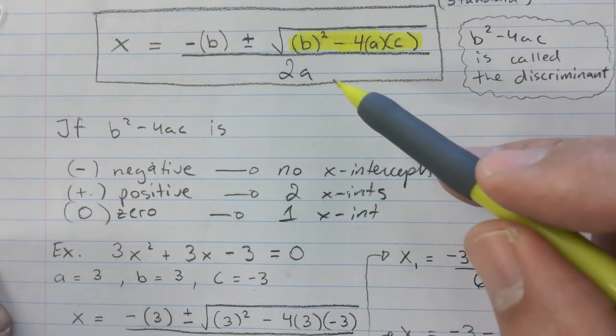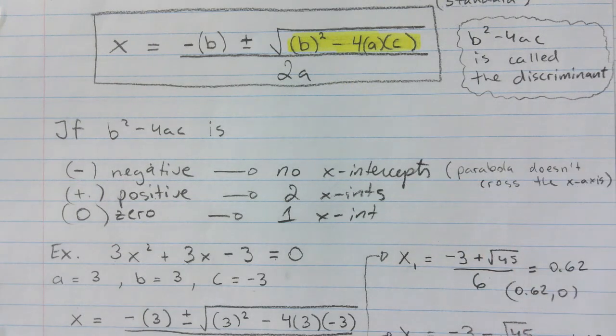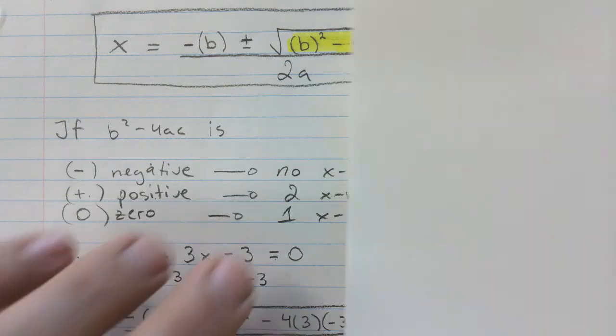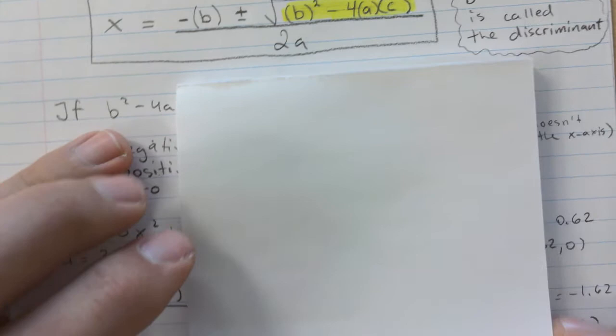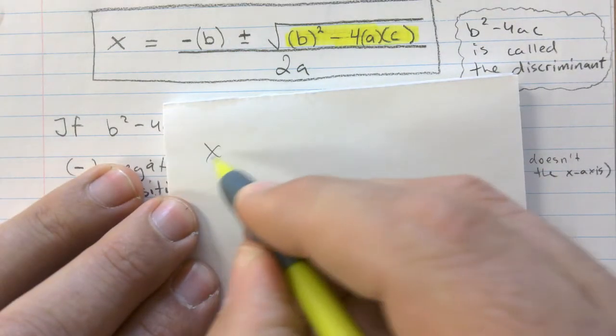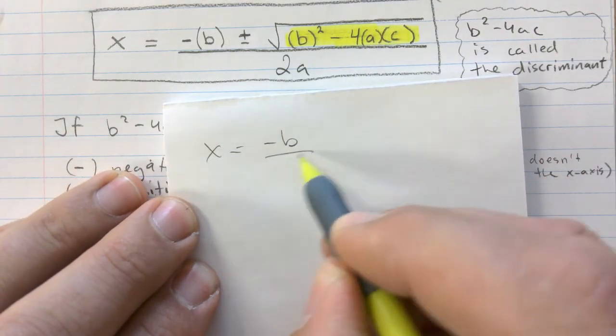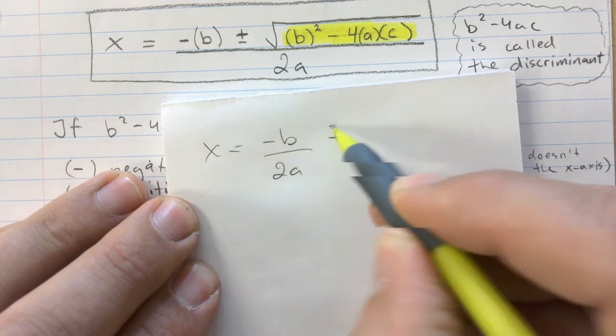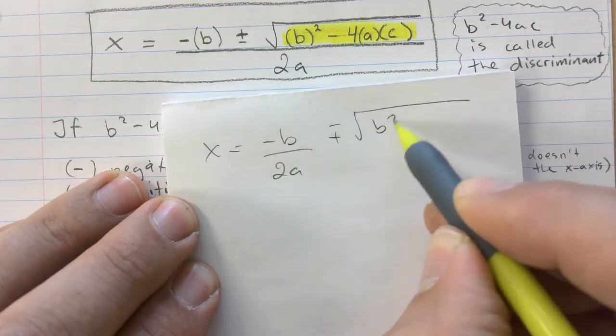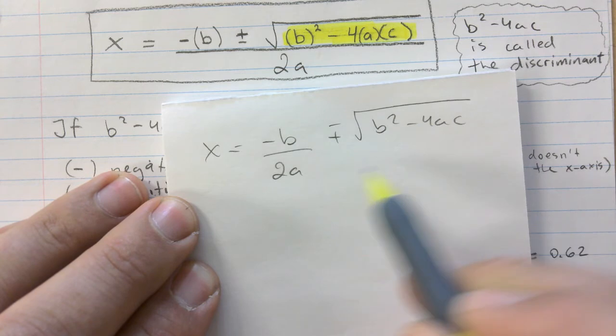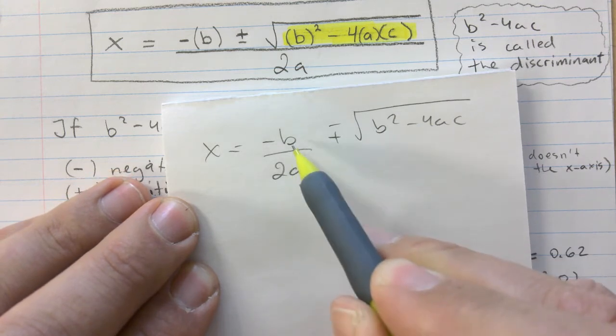I see a lot of students doing, I'm going to take a sticky or something. One common mistake I see is students having it like this. Like they just have the 2A under the B for some reason.